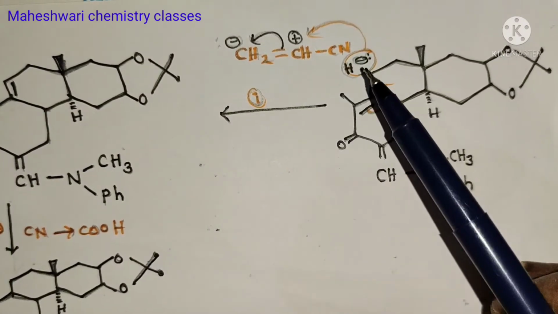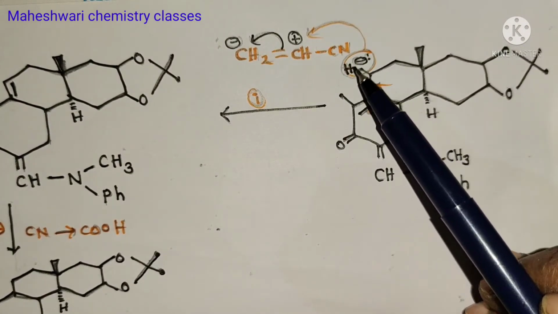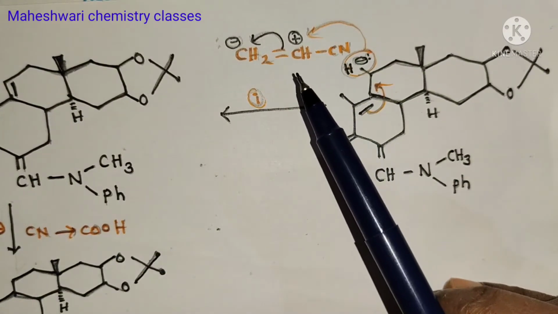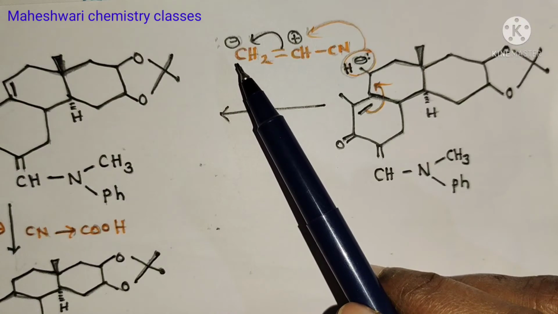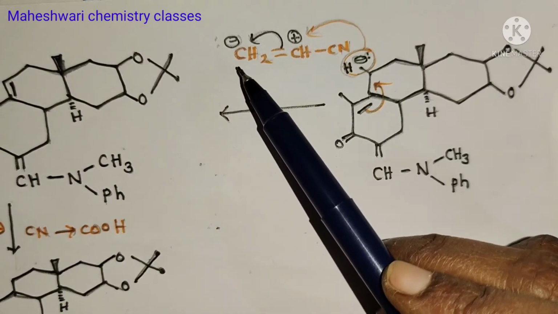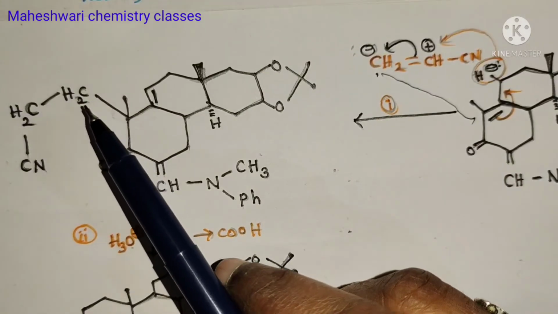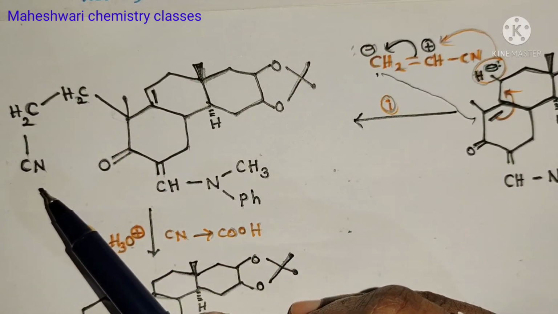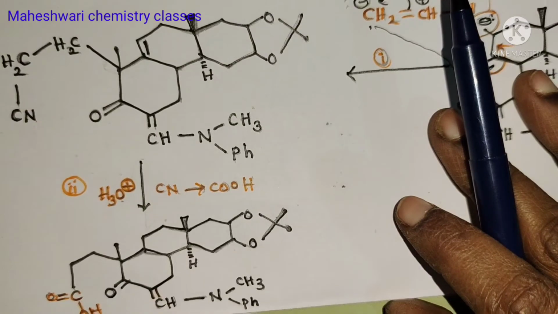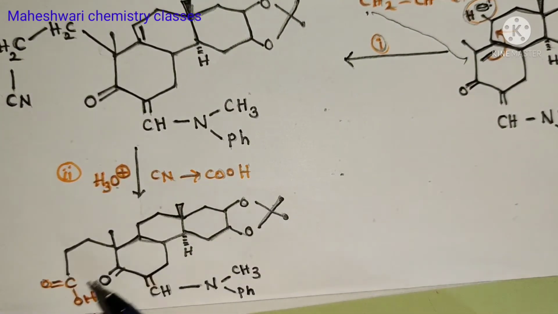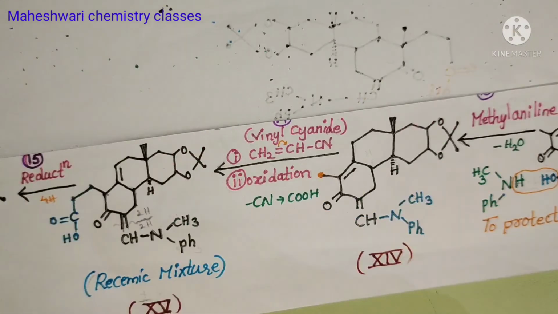This CH plus absorbs this H minus ion and converts to CH2, and this CH2 minus attacks here, at this place, and forms a CH2CN compound. Again it undergoes hydrolysis and CN is converted to COOH. So this is our 15th compound, it is a racemic mixture.